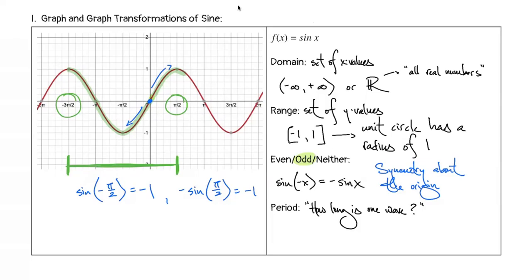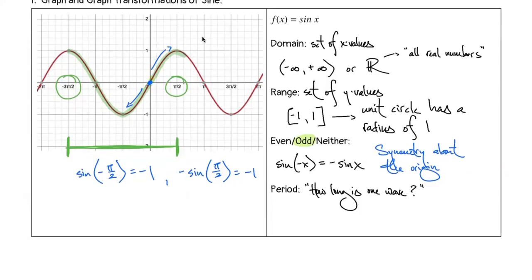Great. We look at how far we traveled, okay? So let's say that we started at negative 3 pi over 2, and we stopped at pi over 2. Whoops, let's write this differently. So pi over 2 minus negative 3 pi over 2.